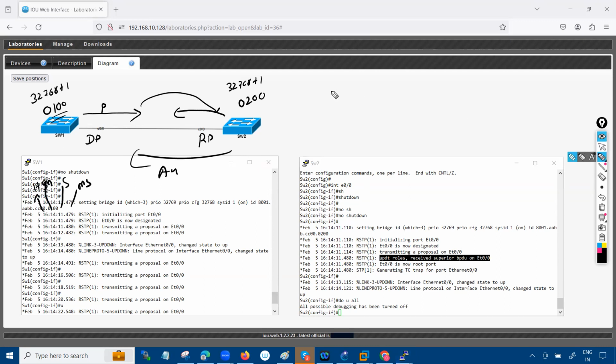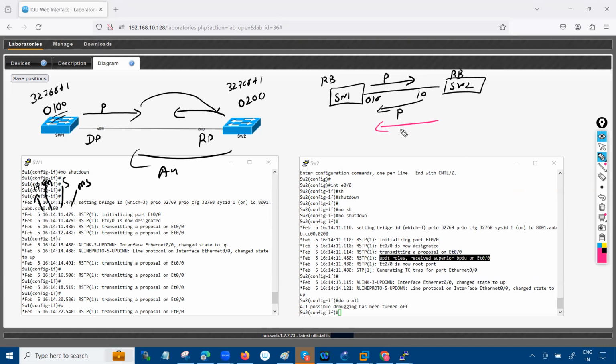That's why I'm sending the agreement flag to switch 1. So initially, it is something like this: we have switch 1 and switch 2. Both switches are treated like DP and DP. It means both switches behave like a root bridge. They will send the proposal, and they will send the proposal. Once switch 2 gets to know that switch 1 has a lower bridge ID, it sends the agreement flag. Then they check the port roles as DP and RP, and this guy becomes the root bridge, this guy becomes the non-root bridge.